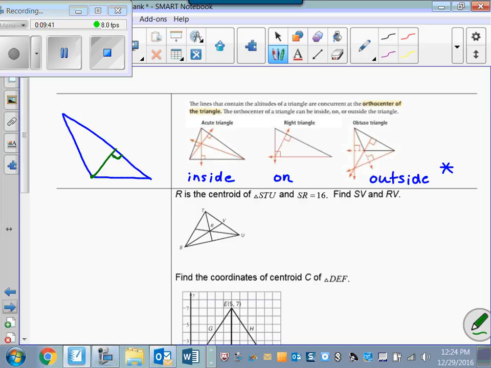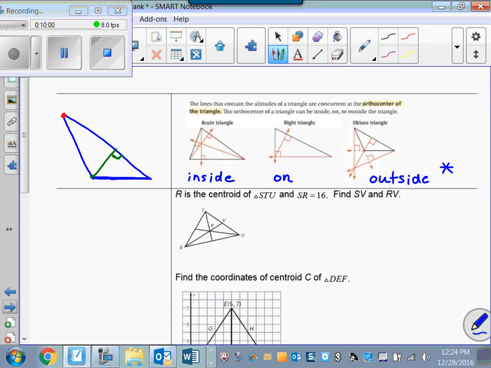It's right there. There's the altitude. Okay, let's find the altitude from that vertex to the opposite side. Look, I can't find it. I cannot drop a perpendicular from the red vertex to this side right here.